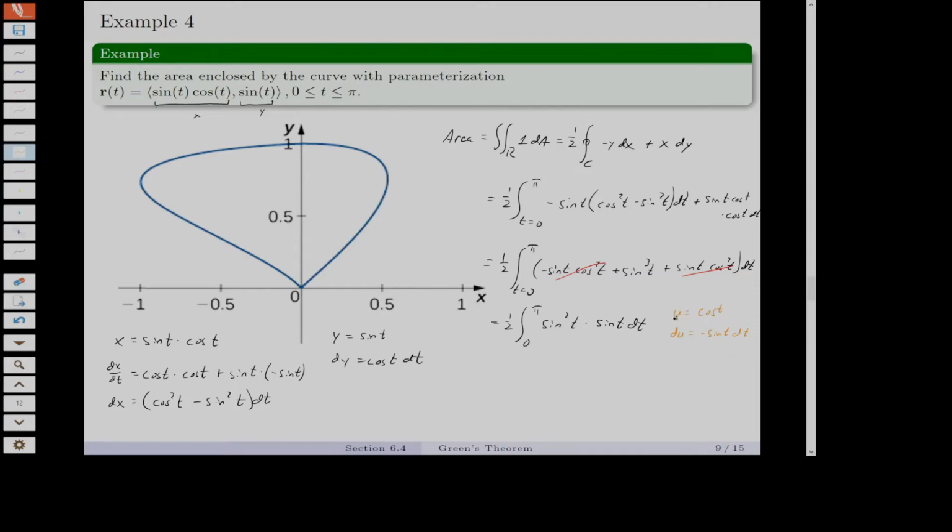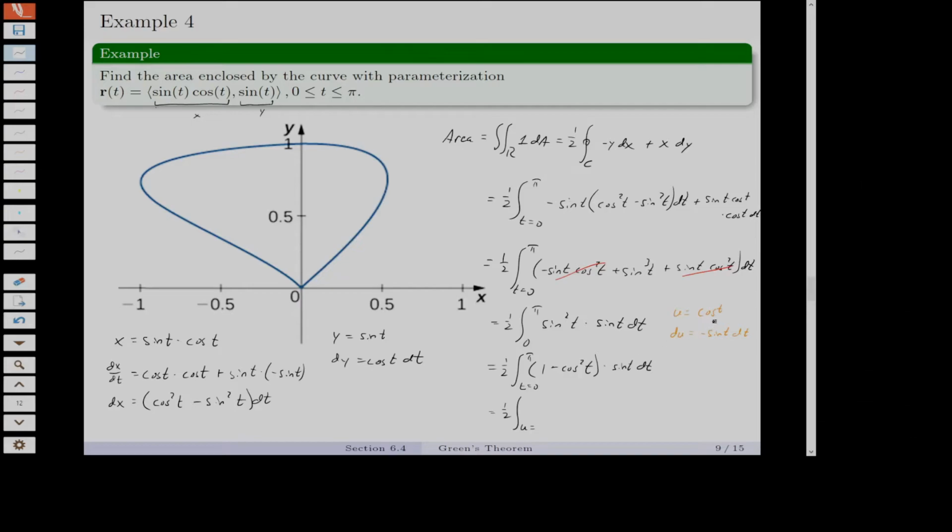If u is actually cosine, I want to take this sine squared and transform it into cosines. So we use our trig identity: sine squared t plus cosine squared t is 1, or sine squared t is 1 minus cosine squared t. Now I can turn this into an integral with u's.